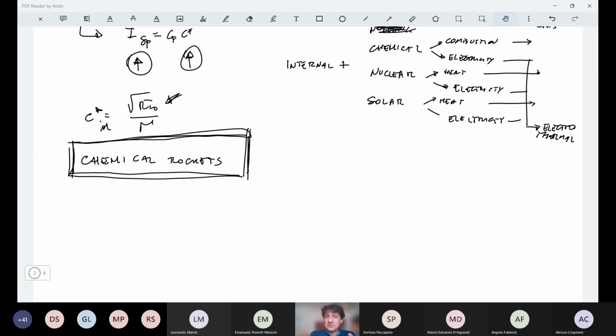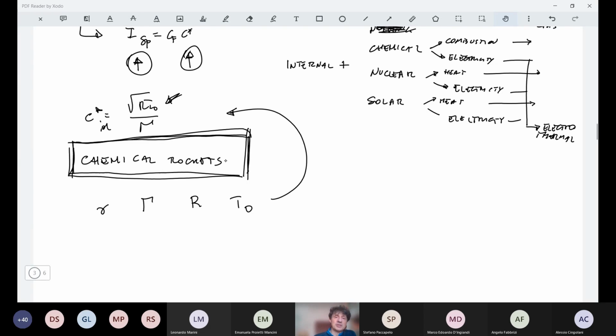Now, once you specify the kind of rockets you are talking about, you should first focus on the C star. So what is the relation here? With the expansion we have studied so far for thermal rockets, the relation is that chemical reaction will release a mixture of gases, let's call them combustion products, that will have some kind of properties: gamma, capital gamma, R, and T0, that will fill this expression for C star.